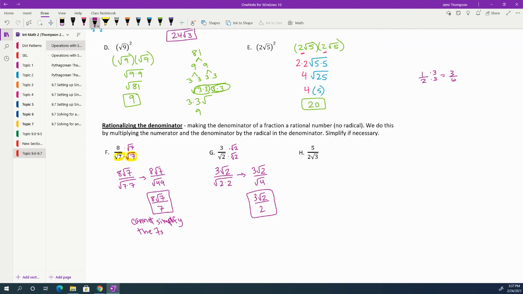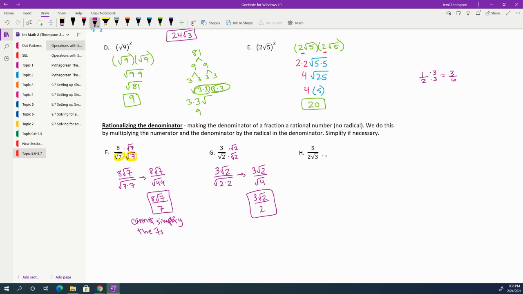One is in a radical and one is not. H is ever so slightly different. 5 divided by 2 times square root 3. What's the problem? The problem is square root of 3.